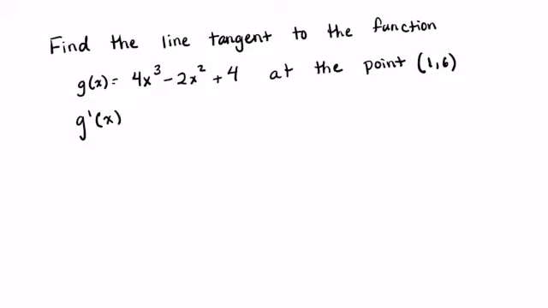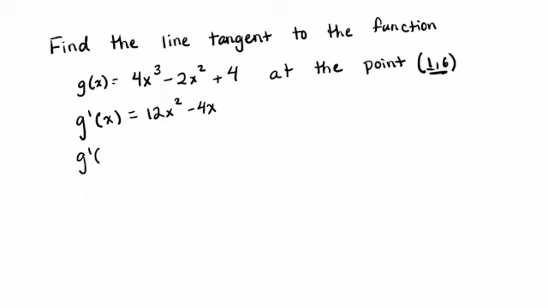So we have g prime of x equals 12x squared minus 4x. And I want to know what the slope is at the point 1. So I need to find the slope of the equation that we're building. And so we find that by taking that value of 1 and just plugging it into x.